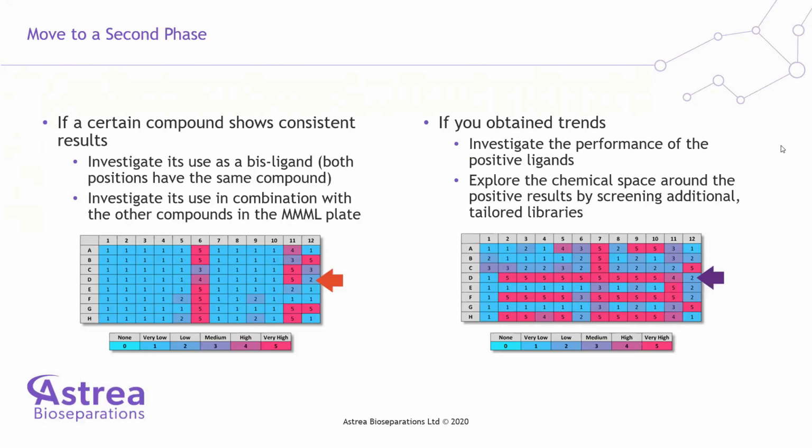Or we can make and produce more tailored libraries that are made based on the results that we obtain, exploring the chemical space around the positive results. So it expands in some respects the number of screens, but concentrates the chemical space, or focuses more on that chemical space where we already found positive results. Next slide, please.